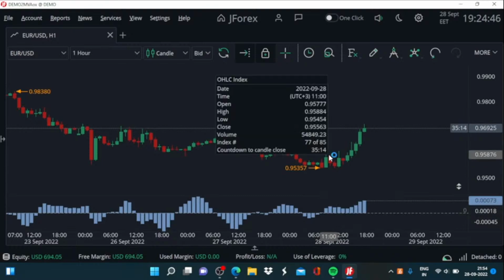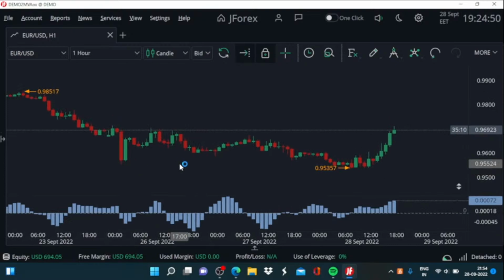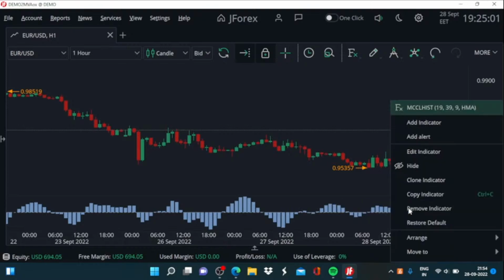So we are going to see a lot of signals being generated by the McClellan histogram when we use Hull moving average as its input.